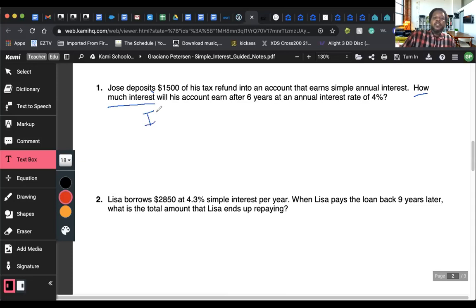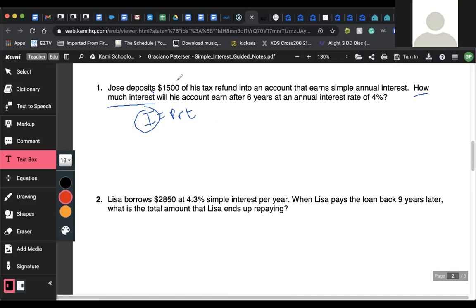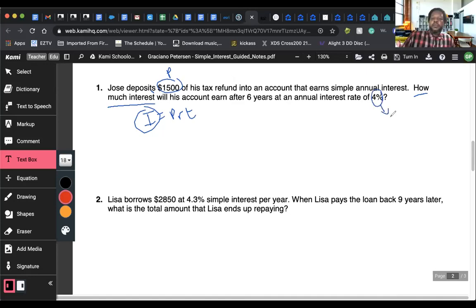We get to keep the formula the way it is, right? We're looking for I. So now we just have to plug in these numbers. So what is our principal going to be? 1,500. Good. 1,500 is our P. What is our rate? 4%. And we're going to write it as 0.04.